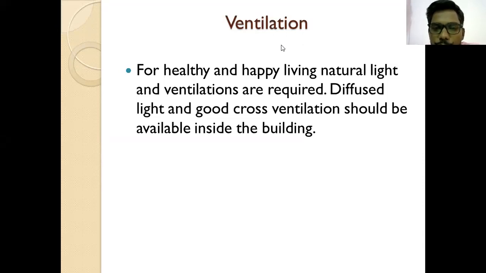While providing the openings, whatever windows we are going to provide, we have to provide them in a cross manner. Here I will show one figure, so you will be able to understand what cross ventilation is and all those things.